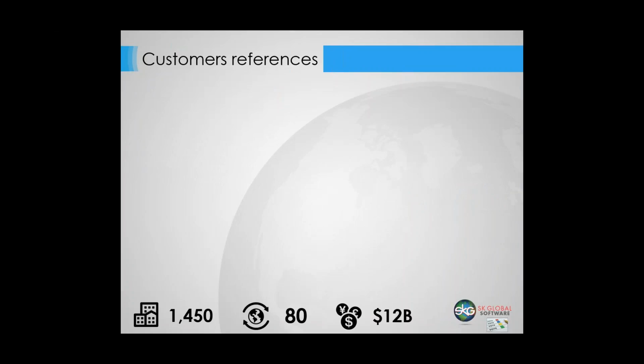In terms of the customer base, just to give an example of the extent of customers we work with, we have more than 1,450 customers across the globe. Some of the biggest ones operate and have standardized on our solution in more than 80 countries, and the biggest ones operate with about $12 billion worth of revenue.